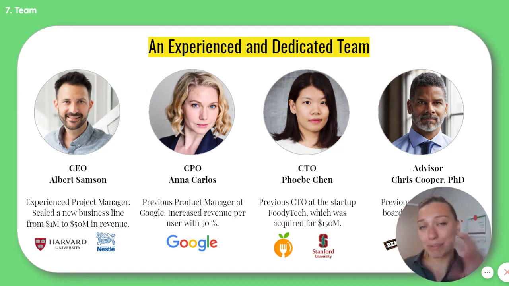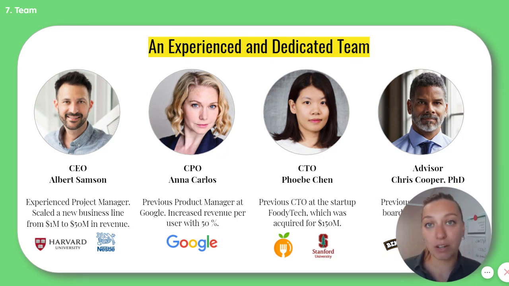They put their faces, their photos, and then their names and roles, like Albert Sampson, CEO, Anna Carlos, CPO, and so on. But they don't share what they've done or why the investor should care about them as people, why they would want to invest in you as people. So that is why I recommend you always include 4 different things about each person in your team or any advisor that you want to include.